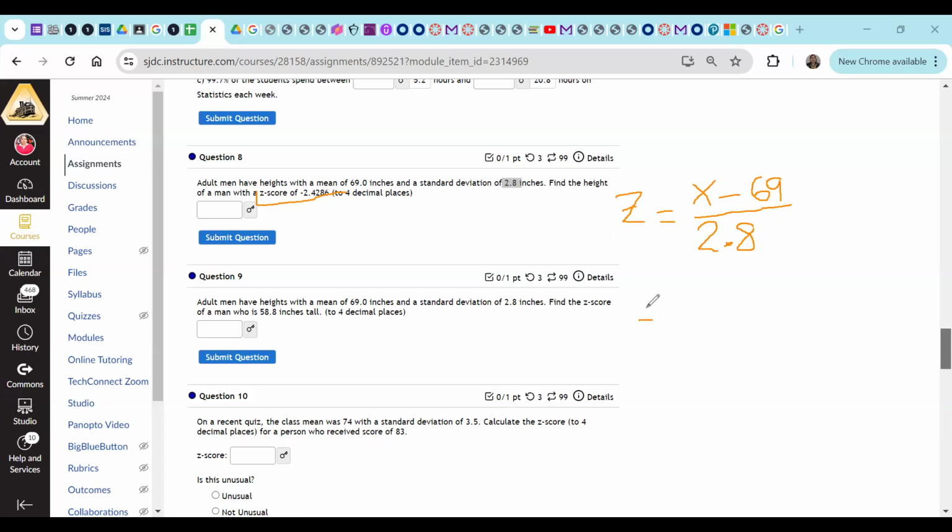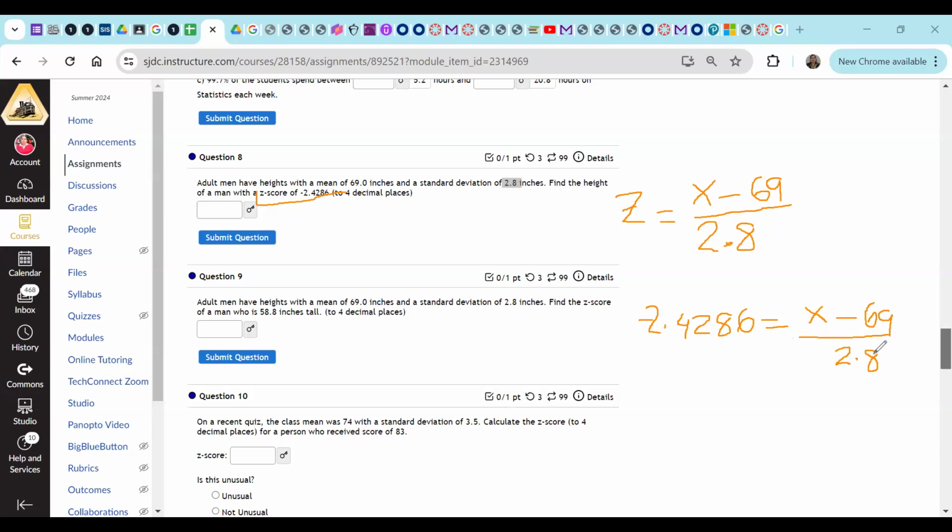Z-score is negative 2.4286, which is equal to x minus 69 divided by 2.8. So our job is to find the x value in this question.